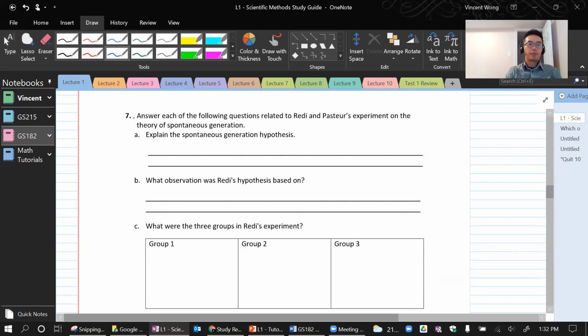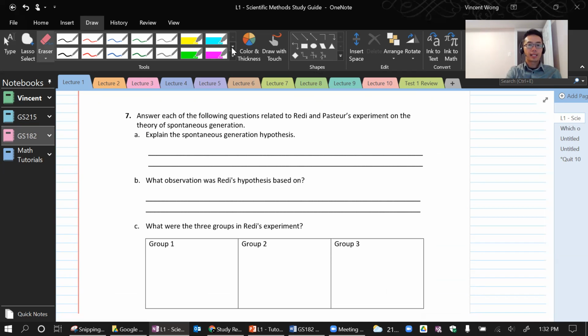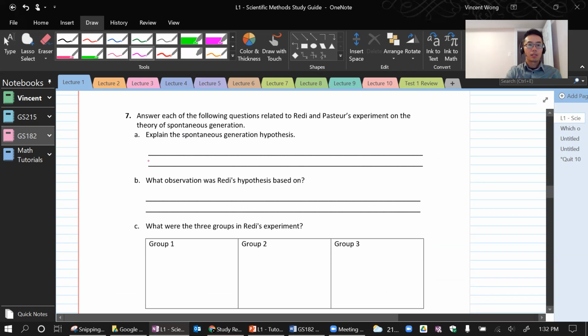So spontaneous generation states that living things come from non-living things.